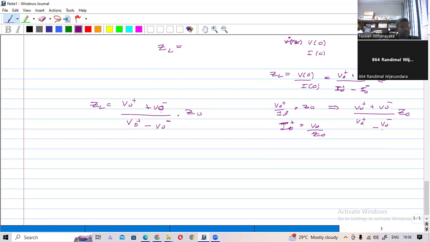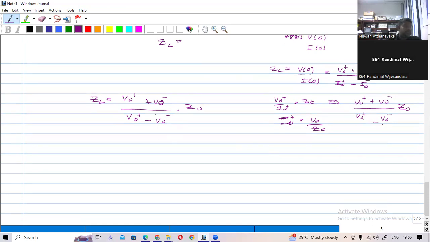Okay, then you can see that if you take this one, ZL V naught plus minus ZL V naught minus is equal to V naught plus Z naught plus V naught minus Z naught.